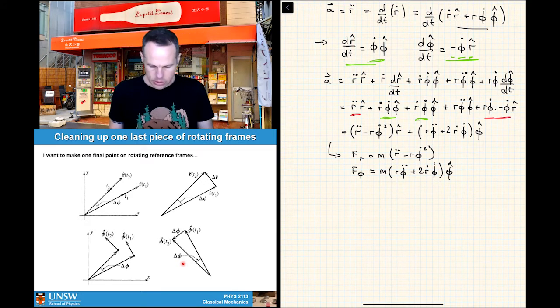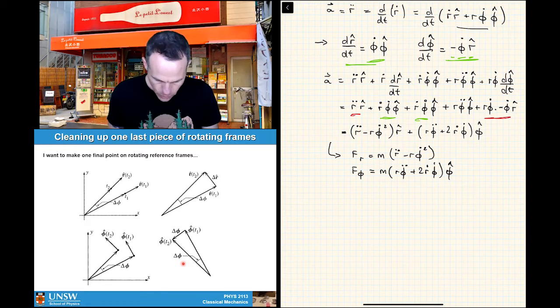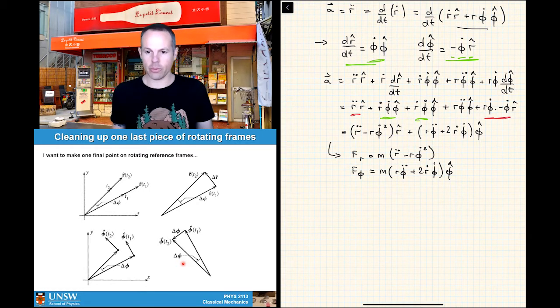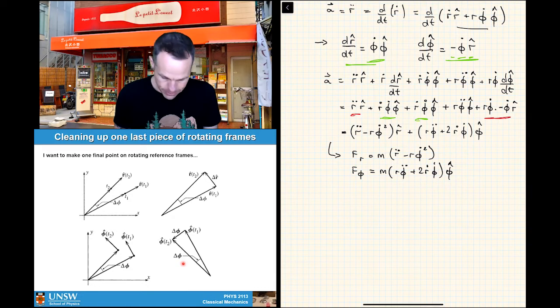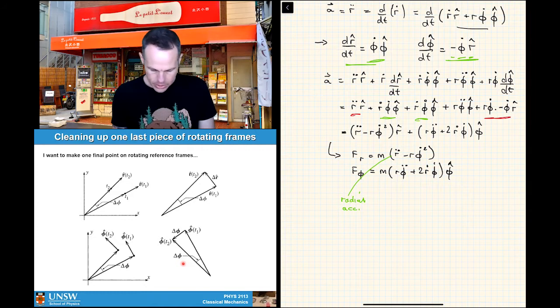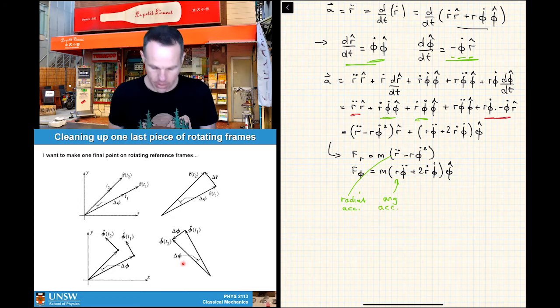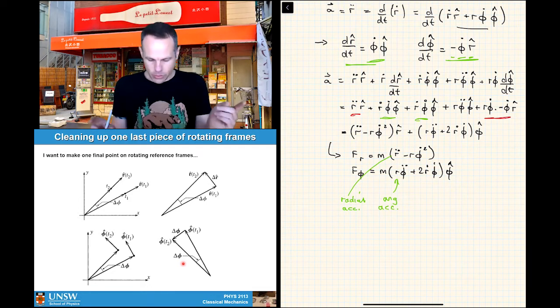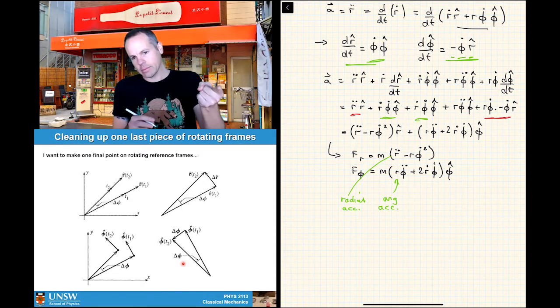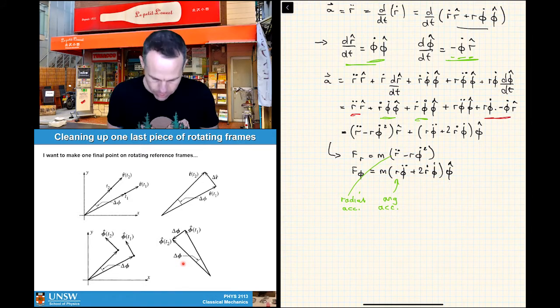And you'll notice that we now have 4 terms in here as components, and we can break these out really quickly, right? This one here is just a radial acceleration. This one here is just an angular acceleration, and we know both of those terms, right? So one is just r double dot, the other one is r phi double dot.